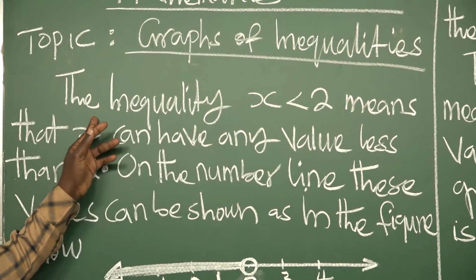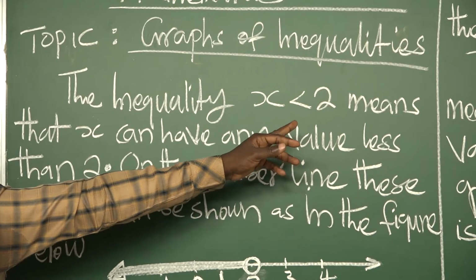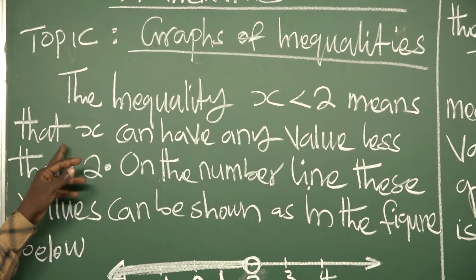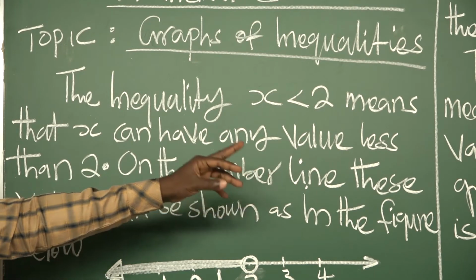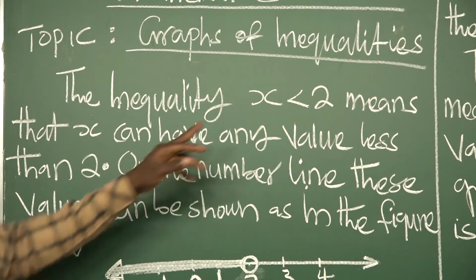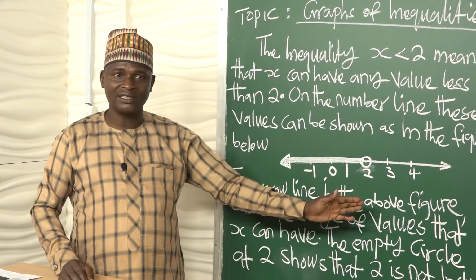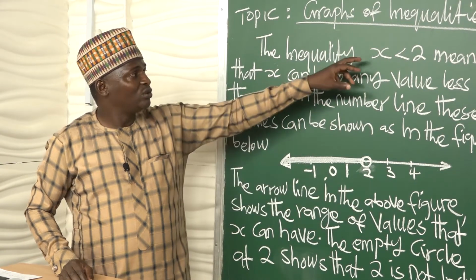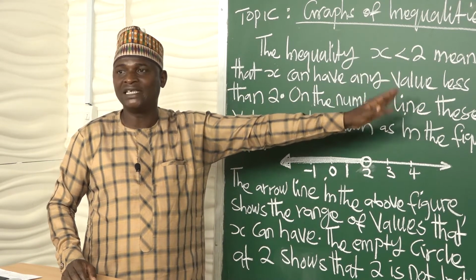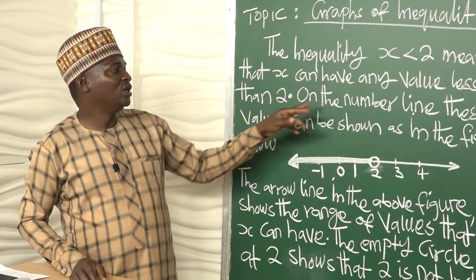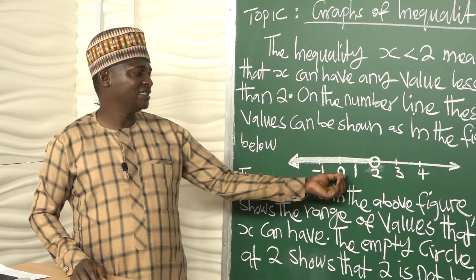The inequality x less than 2 means that x can have any value less than 2. That is why we have this symbol, less than. It means the values of x do not include 2 itself, but numbers less than 2. On the number line, these values can be shown as in this figure.